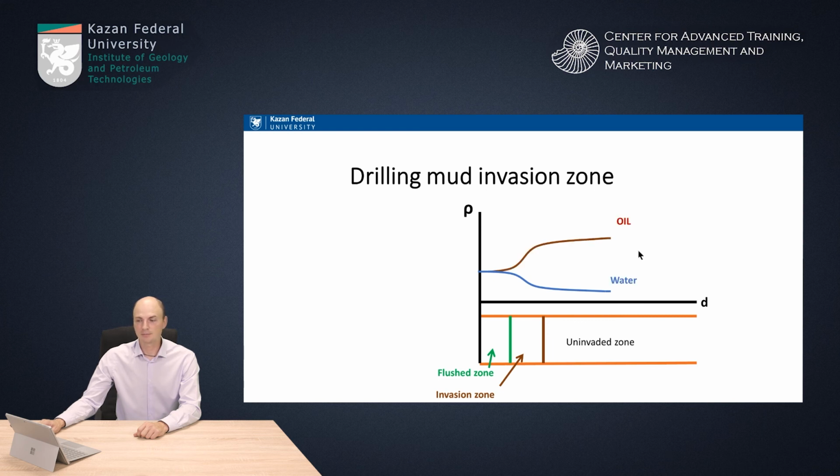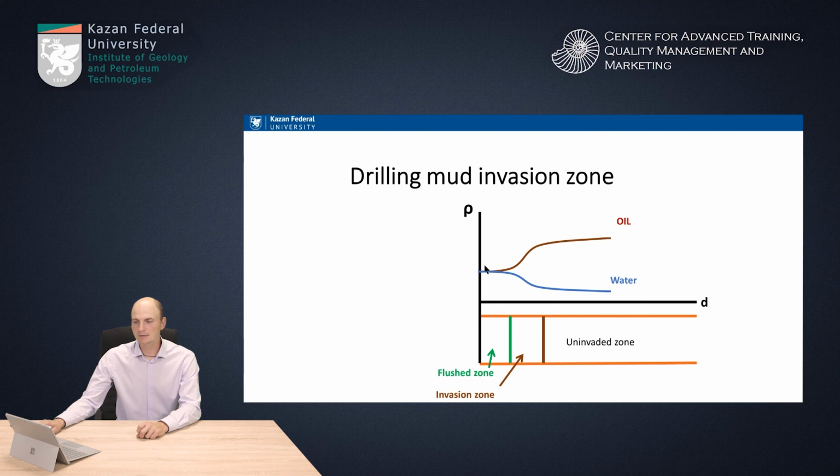So if we compare these two cases, in case of the oil, the deeper we are in the formation, the higher the resistivity. In case of the water-saturated formation, the deeper we are in the formation, the lower the resistivity. And that leads us to the possibility of determining the type of saturation of the reservoir.